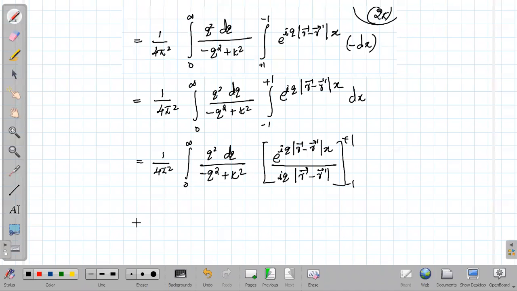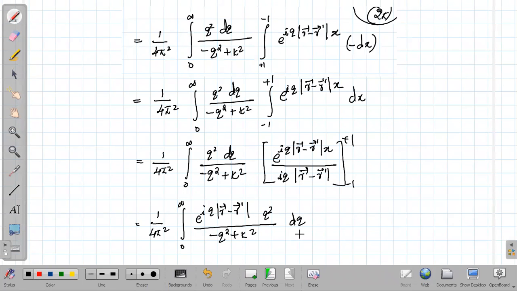Okay, so then we will get two integrations. So 1 upon 4 pi square, integral 0 to infinity. If you put x equal to 1, this becomes e raised to iq modulus of r minus r prime into q square divided by minus q square plus k square into dq.